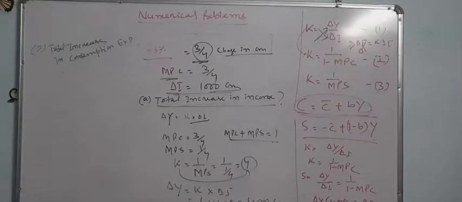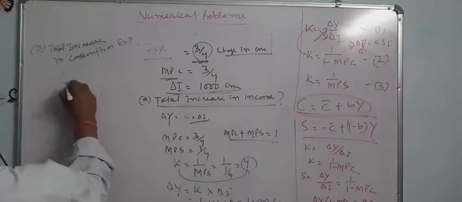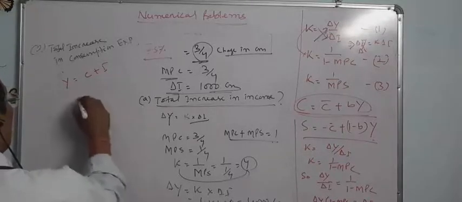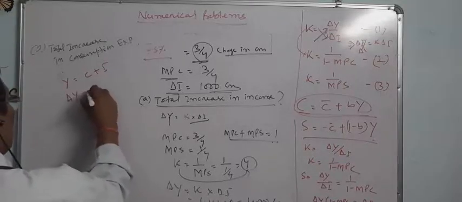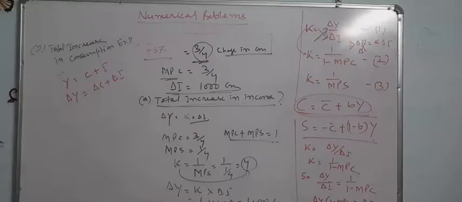So if Y equal to C plus I, then delta Y, the change in income, equal to delta C plus delta I, no doubt.